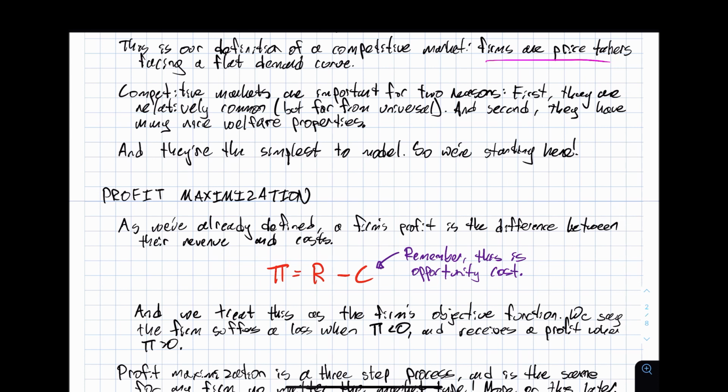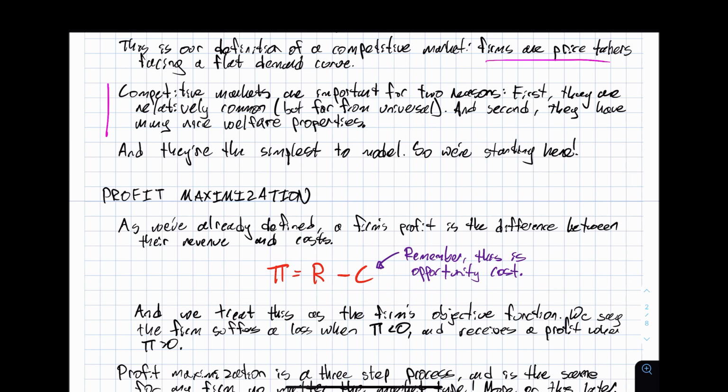Okay. Perfectly competitive markets are really nice in a lot of ways. They're somewhat common, but I remember when I was taking this class, I guess particularly intro, I got the impression that perfectly competitive markets were somewhat universal, and they are not.